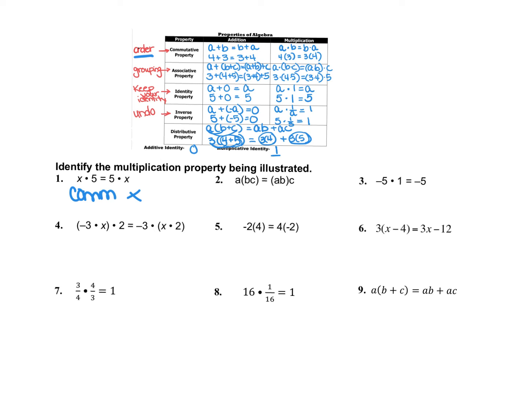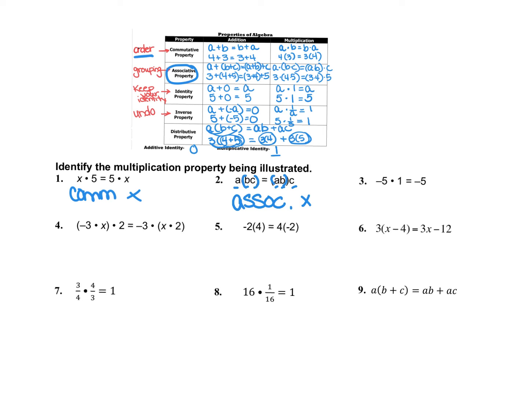Notice how all of these are in the same order, but I have grouped them differently. So I have b times c and then times a, and then I have ab, and then I'm going to times that times c. And remember that the grouping had to do with the associative property. So this I'm going to put down, and then it's the associative property of multiplication.